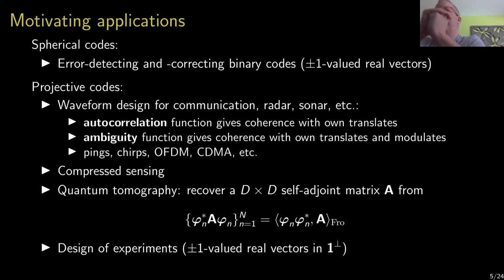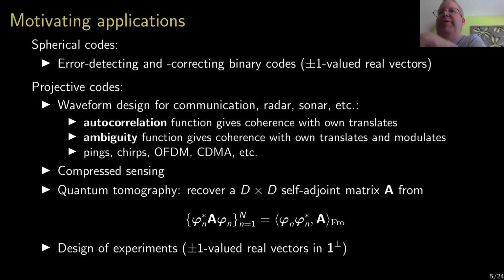Now, why care? Well, for both of these problems, there is a ton of related, really important classical problems out there. I view the problems that I'm going to be doing here as a mathematical abstraction and unification of a number of things. And I'm going to be talking more about projective codes and spherical codes.